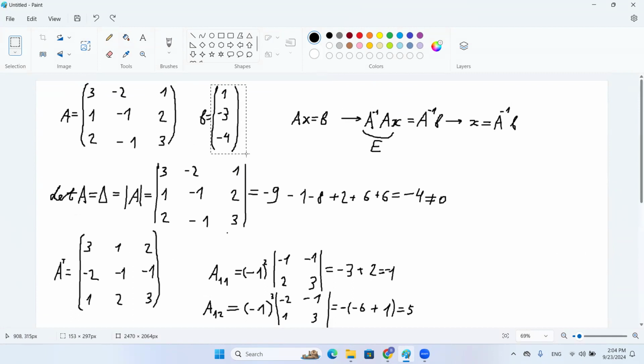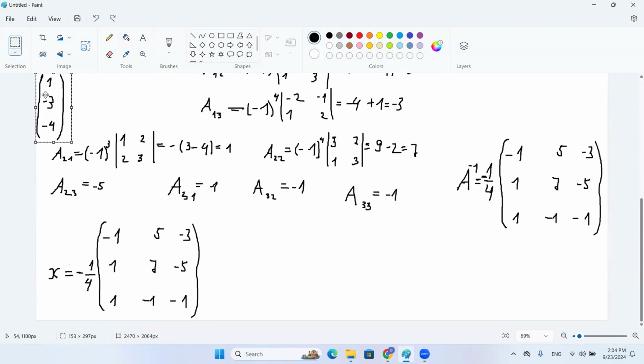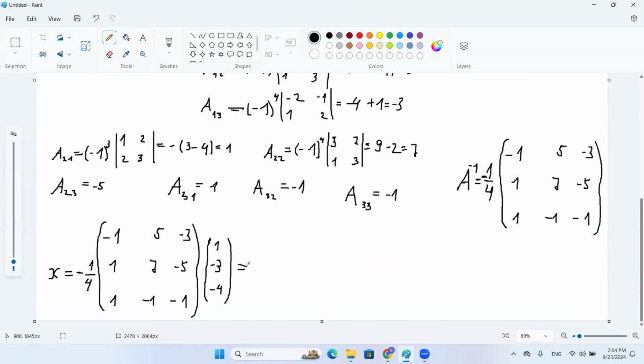For now, let's leave this coefficient here. Then we will multiply every coefficient in the result. Now we will get a vector, and who will calculate it together with me? Okay, Daniil?